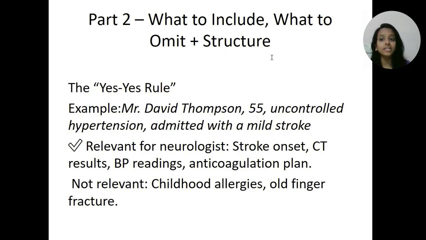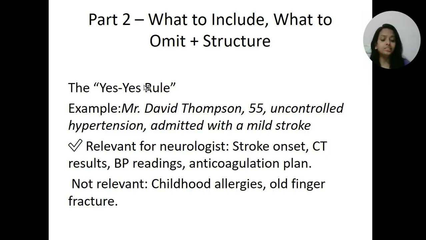The first one is the yes, yes rule. Example, Mr. David Thompson, 55, uncontrolled hypertension, admitted with a mild stroke. If you are referring this person to a neurologist, then what you need to include is the relevant onset time, CT scan results, blood pressure readings, and anticoagulation plan.